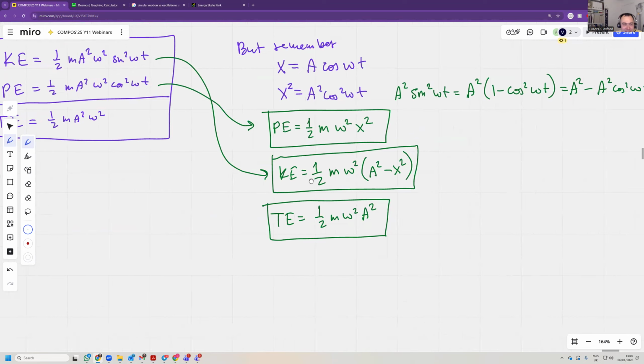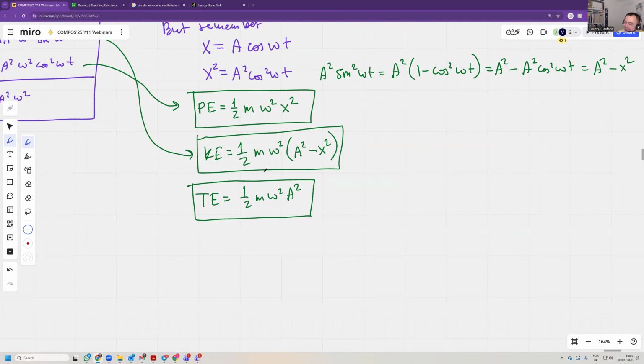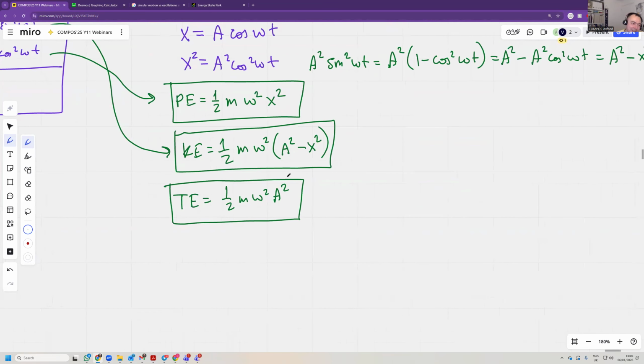And now, for a cherry on the cake, if you've still kept with me, if we compare to our kinetic energy equals 1/2 mv squared, you can see that this is 1/2 m times something squared.